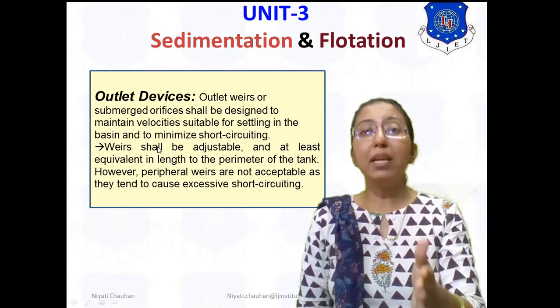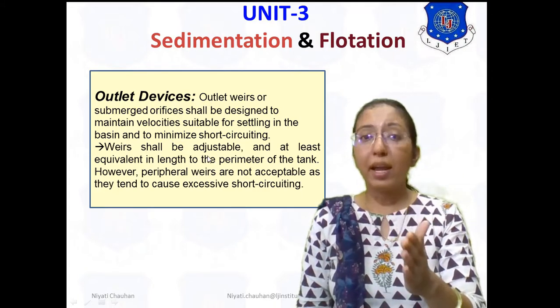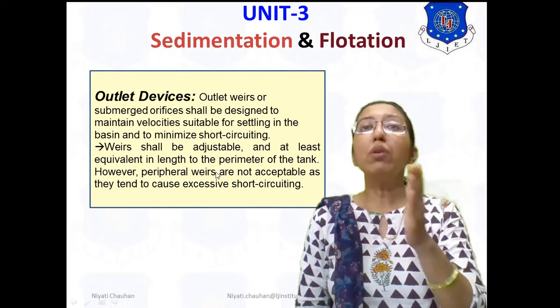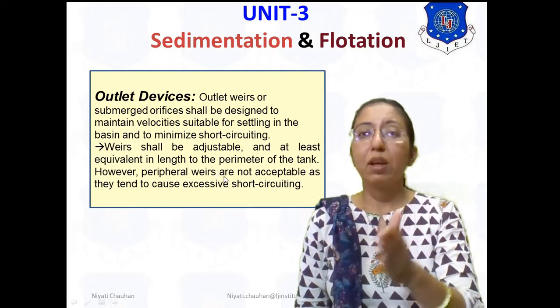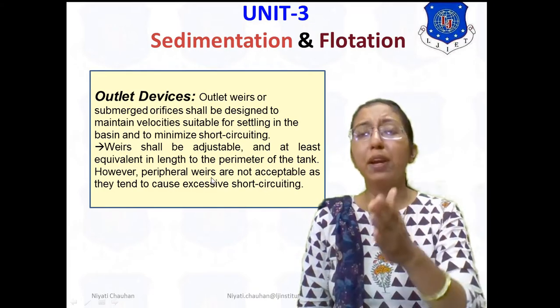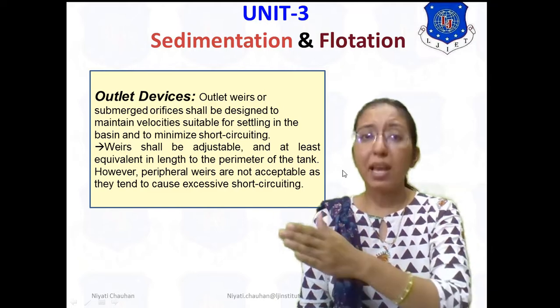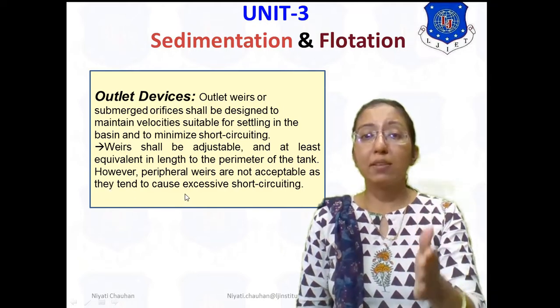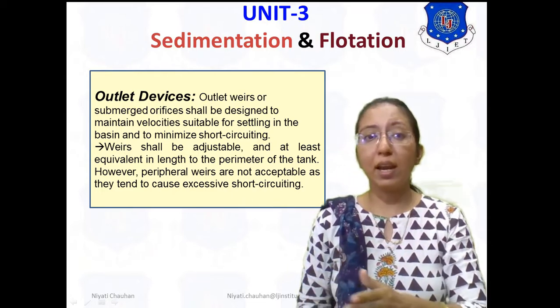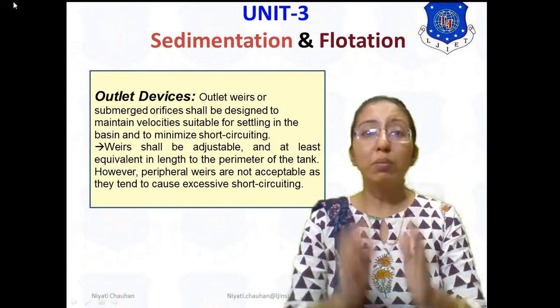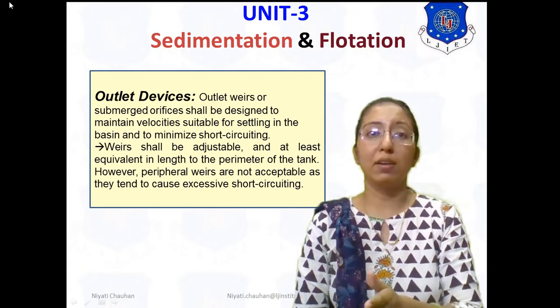Weirs shall be adjustable and at least equivalent in length to the perimeter of the tank. However, peripheral weirs are not acceptable as they tend to cause excessive short circuiting. So here we are using outlet devices to minimize short circuiting.